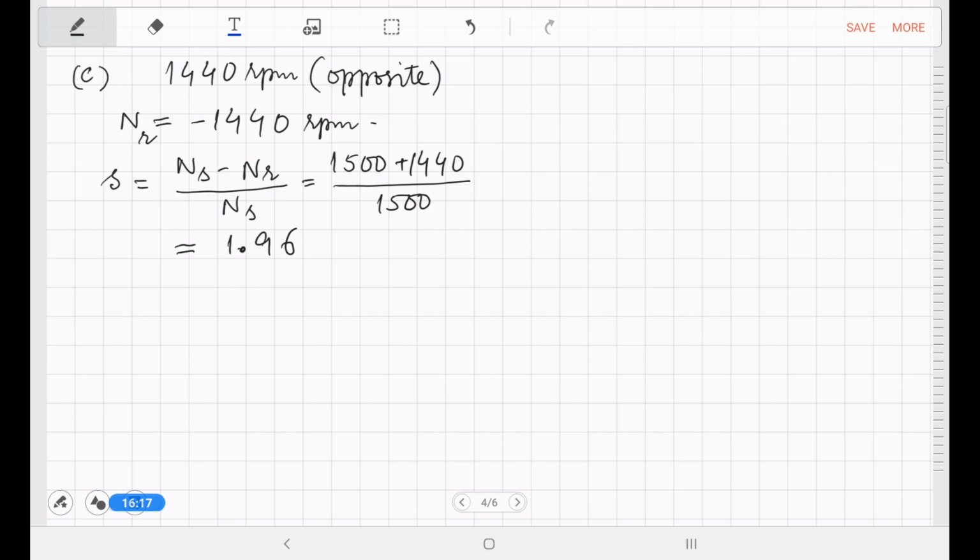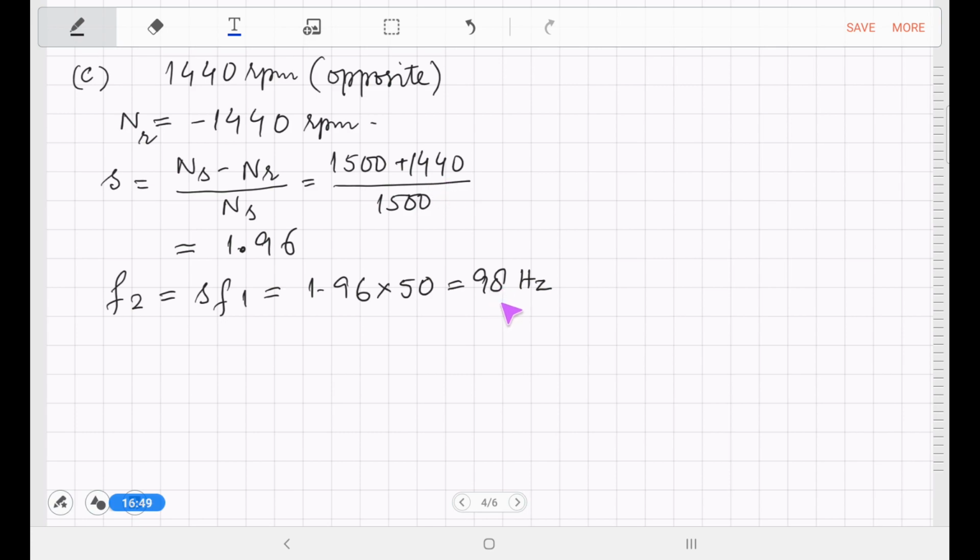And therefore with this value of slip, F2 will be equal to SF1, which will be equal to 1.96 into 50, which is equal to 98 hertz. So we see that when the rotor is rotating in a direction opposite to the rotating magnetic field, the frequency of the rotor induced EMF is higher than the supply frequency, since the relative speed is quite large.